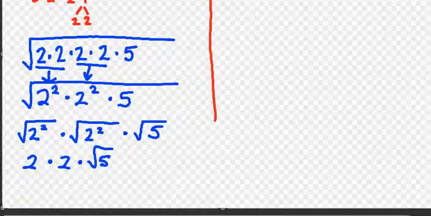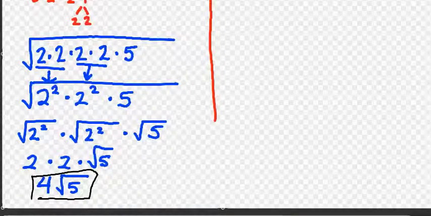So now simplifying, the final answer is going to be 4 square root of 5. And we're done. You know you're done because there were no perfect squares as a factor of the number in the square root. Since 5 is prime, that cannot be simplified anymore.